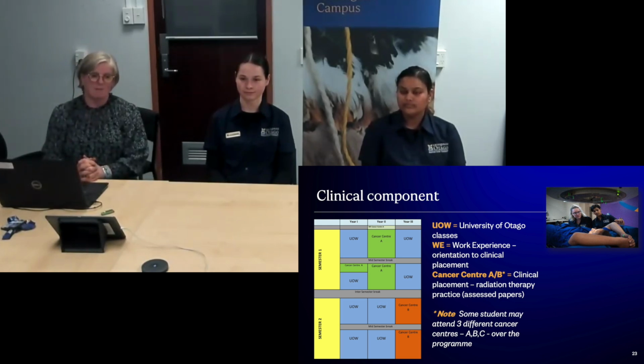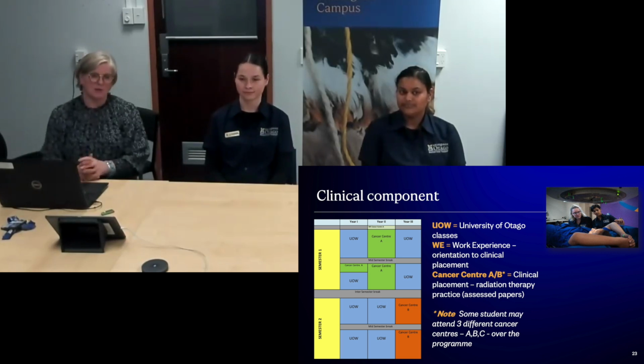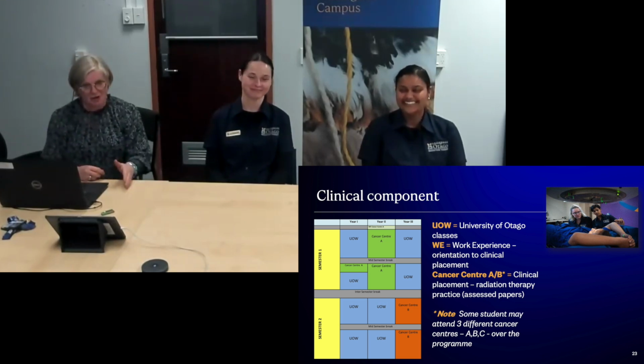At the end of that, you come back to the university here in Wellington for the second semester. In year 3, you're still here at the start of the semester, and then you're back out to your cancer centre for the final clinical experience in third year. And that's what these guys are doing now. Once they get to the end of October, and they've passed everything, they're signed off, ready to go.